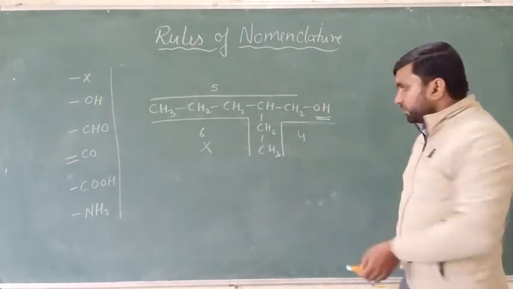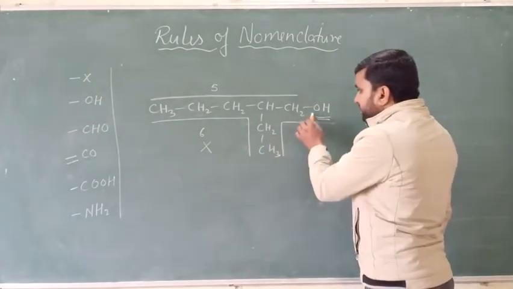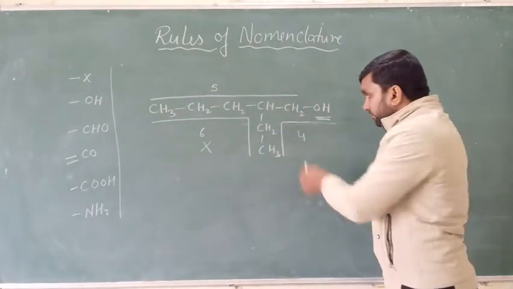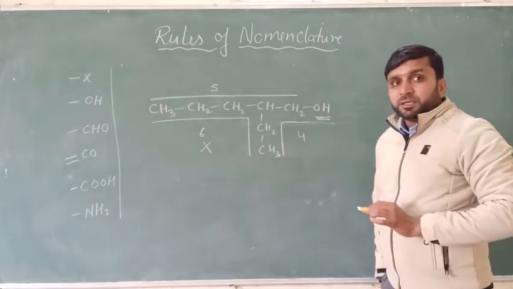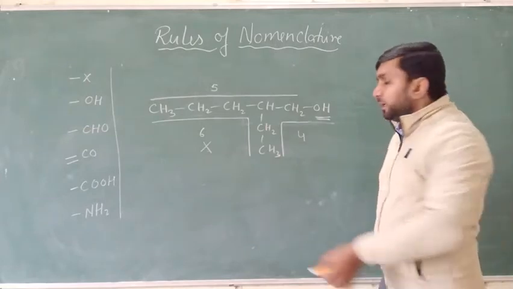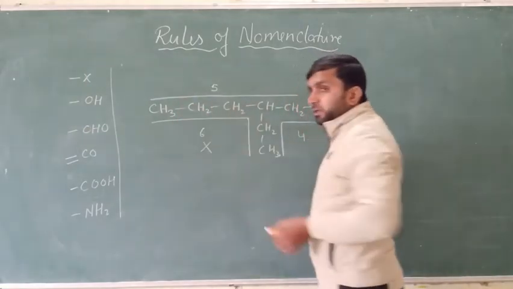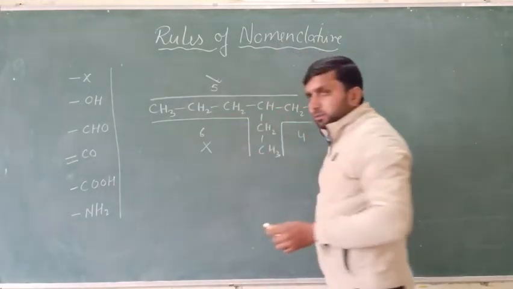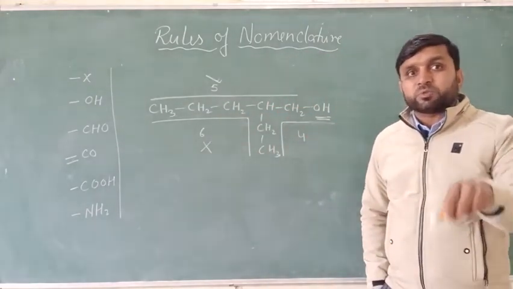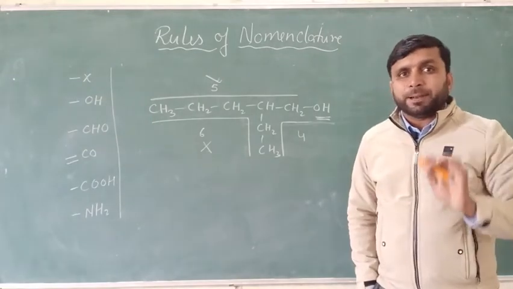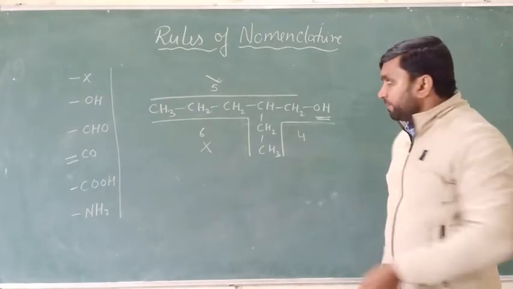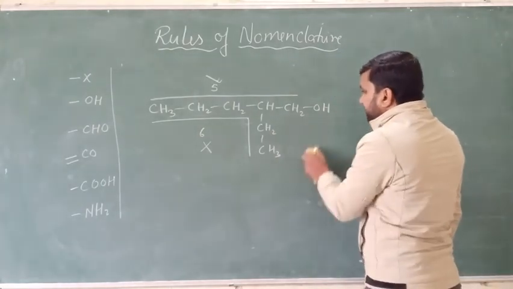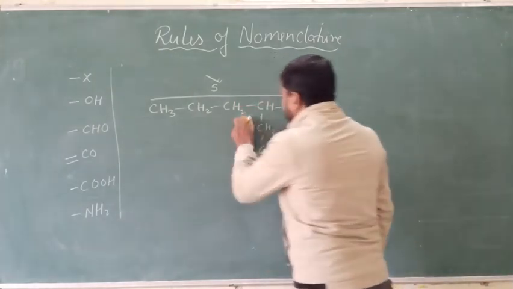Now there are two paths which contain the functional group: one is of 4 carbon, another is of 5 carbon. So this path we need to select. Among the paths which contain the functional group, we have to select the longest one. Okay, so this will be the correct one. This path will not be considered. Now this one will be considered.